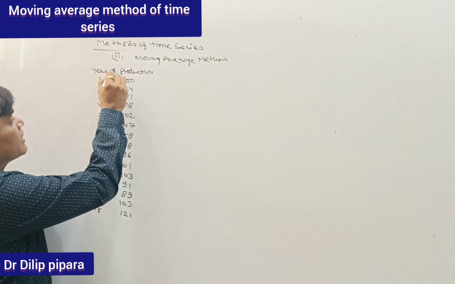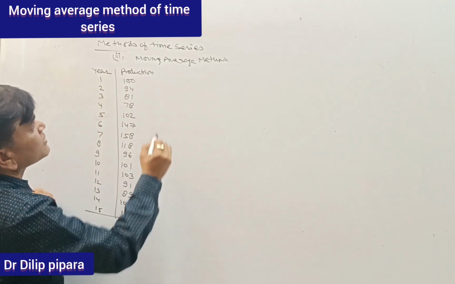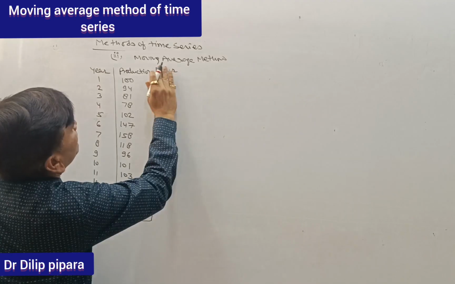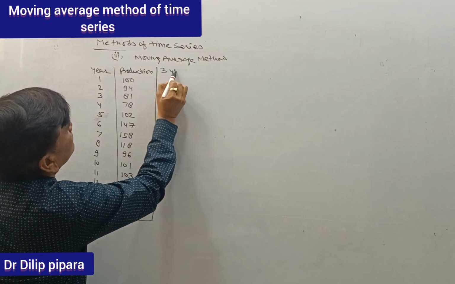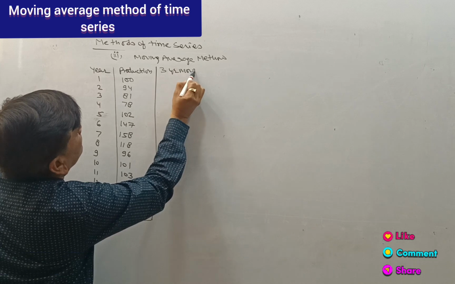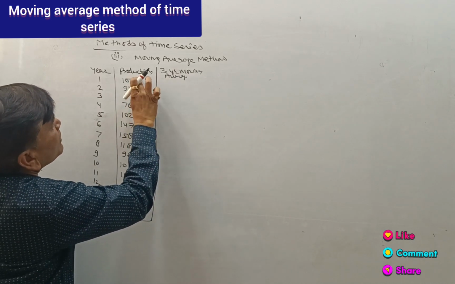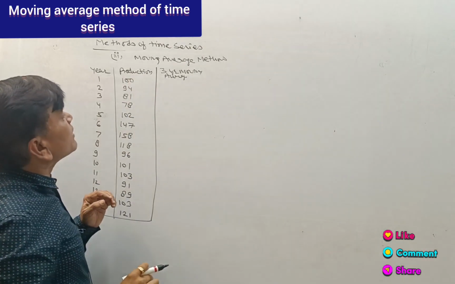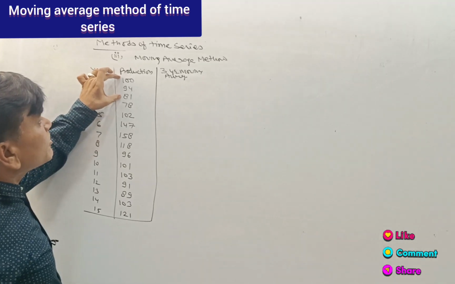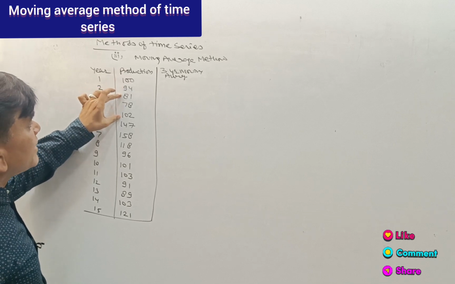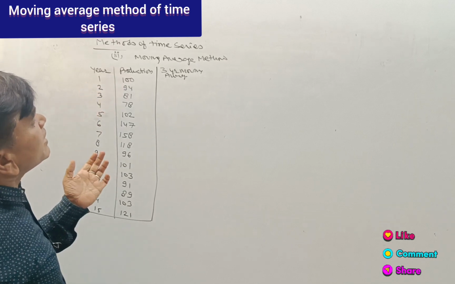So for getting the moving average, suppose we are having a 3 year moving average. Firstly we total the first 3. Moving average means firstly we get the average of these 3, then leaving the first one, again the average of the next 3, then again the average of the next 3. That is called moving average.